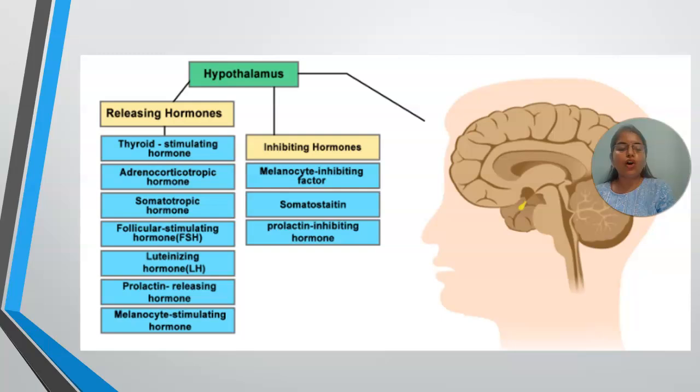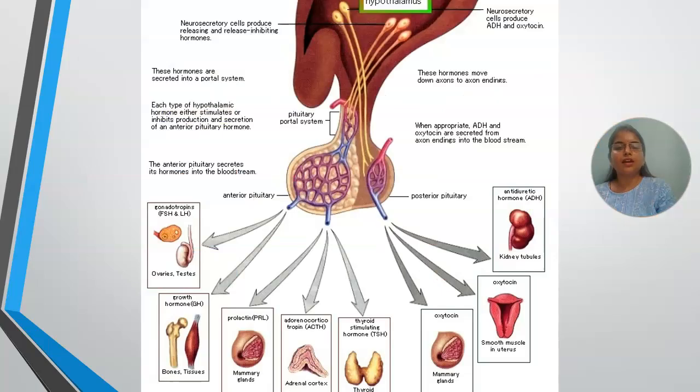So the releasing hormones make sure that the pituitary gland releases its hormones when they get the stimulation from the hypothalamus, whereas the inhibiting hormones suppress the secretions from the pituitary gland. Now coming to the pituitary gland, the pituitary gland releases 6 hormones.